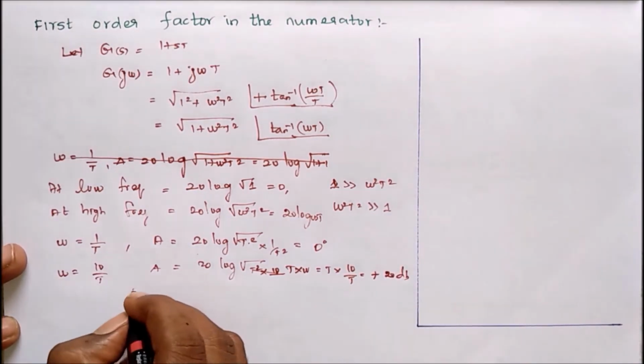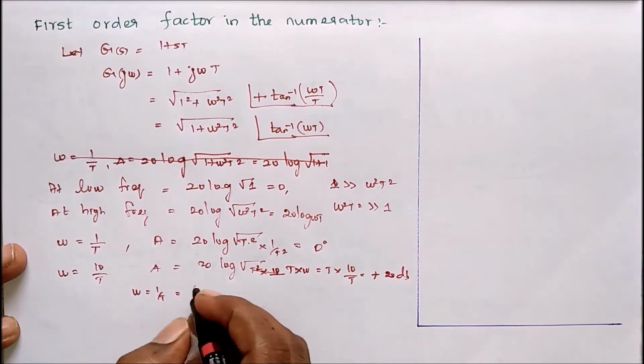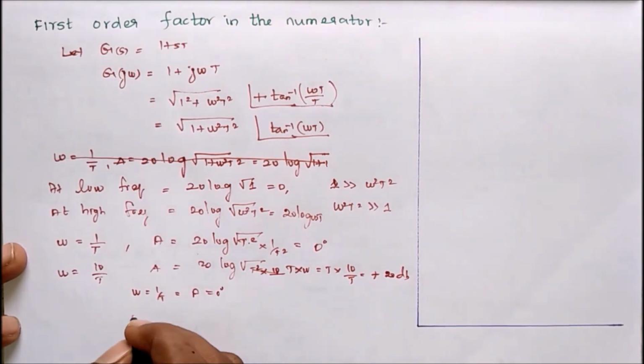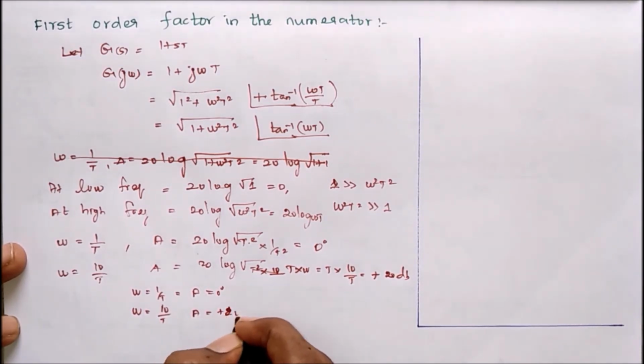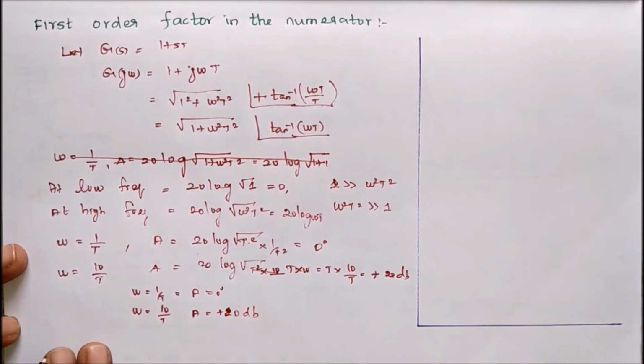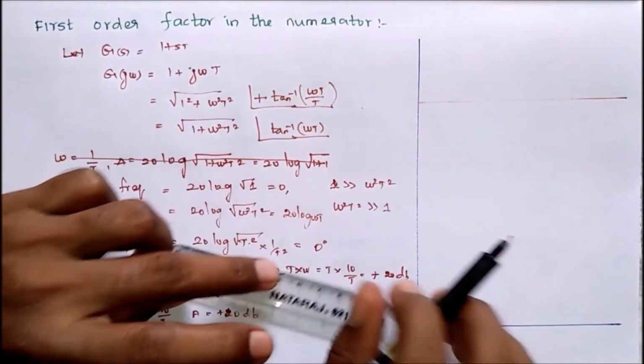So when omega equals 1 by T, magnitude is 0, and when omega equals 10 by T, magnitude equals plus 20 decibel.